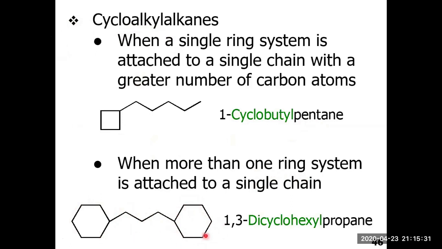So this molecule is named using this convention, cycloalkyl alkanes. Again, the cycloalkane group becomes your alkyl group. So the naming becomes 1,3-dicyclohexylpropane. Obviously it has 3 carbons, so this one is your propane. So that's the last topic about naming of alkanes.